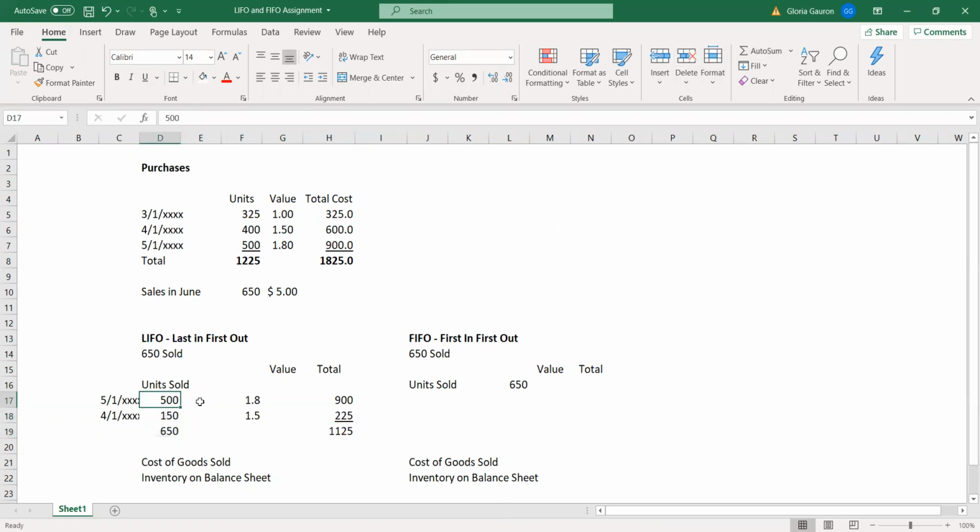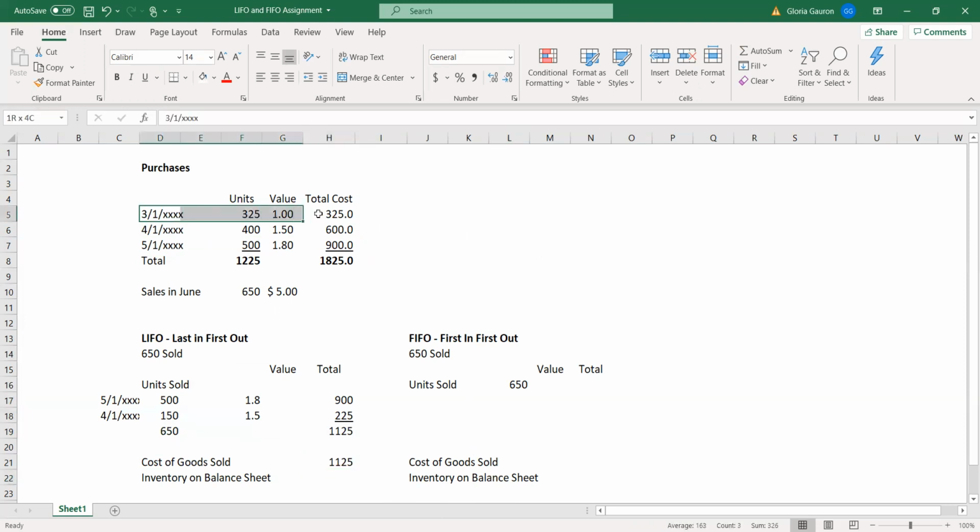You can see I took 500 of those units from the May 1st purchase, and I've taken 150 from the April 1st purchase. And my cost is $1,125. So my cost of goods sold is $1,125.